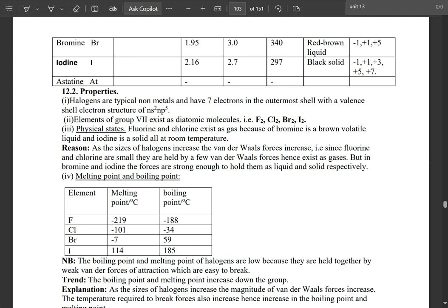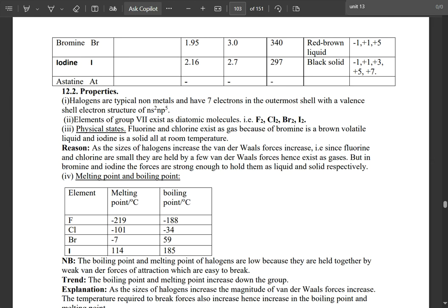As we see, chlorine has negative 101 and fluorine negative 219. So chlorine and fluorine have very low melting points. The same goes for their boiling points, negative 188 and negative 34.